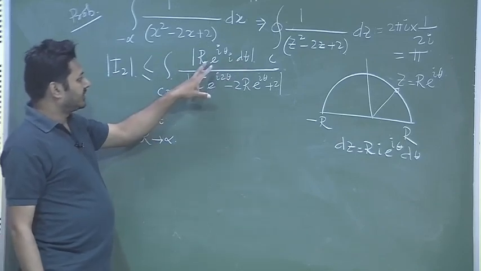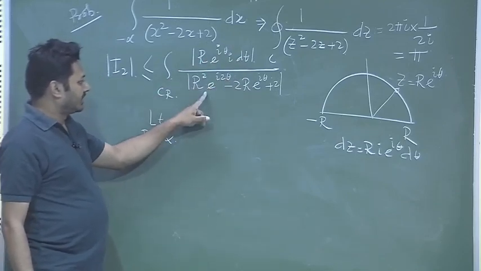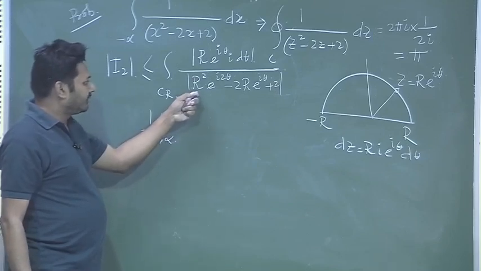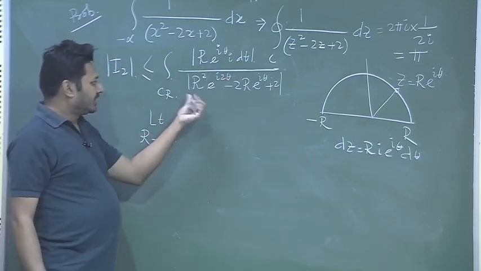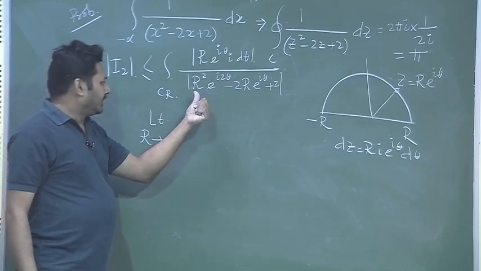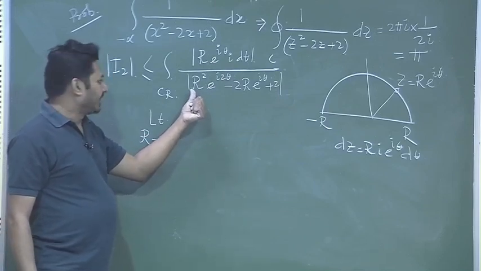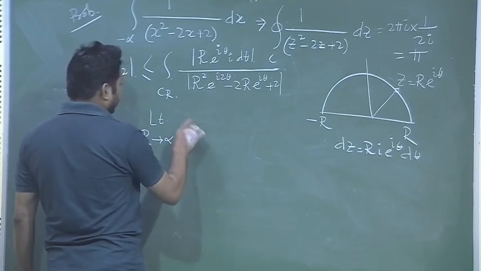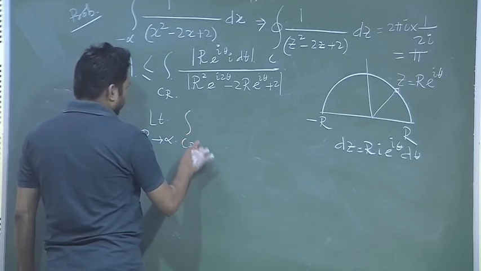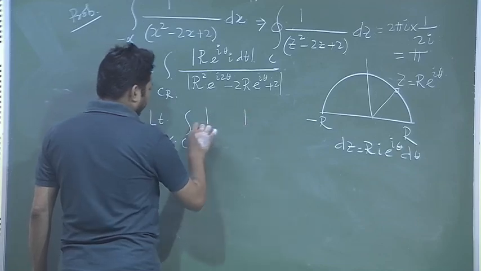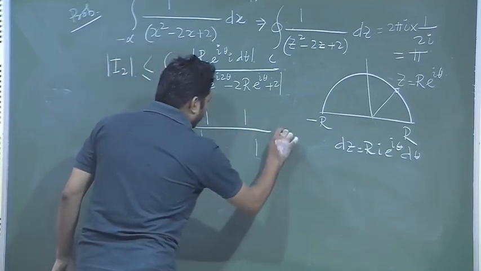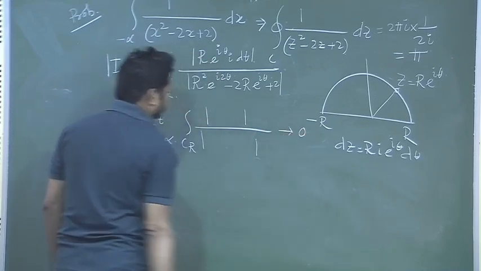If I put this limit, you will find that the denominator is changing with the order of r square. That means on the right hand side, as r tends to infinity, the integration over CR of whatever function I have is going to be 0.